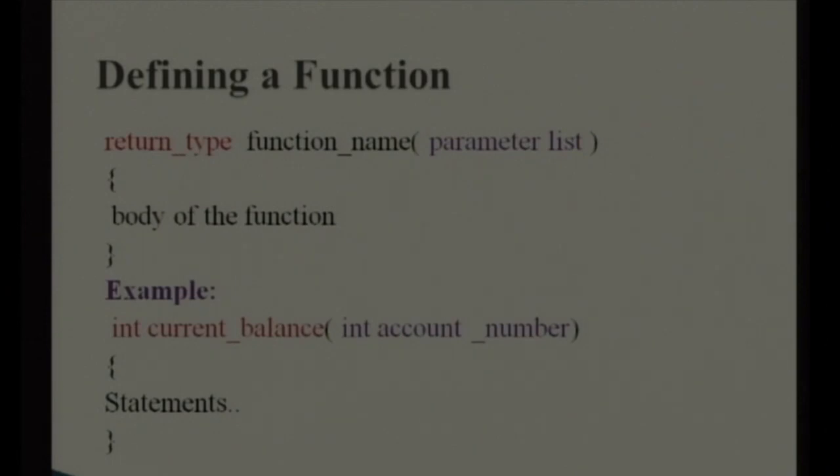So there is a return type, then the function name, then the parameter list, and then the body of the function. The body means the operation which we are expecting from this function will be performed inside this block.